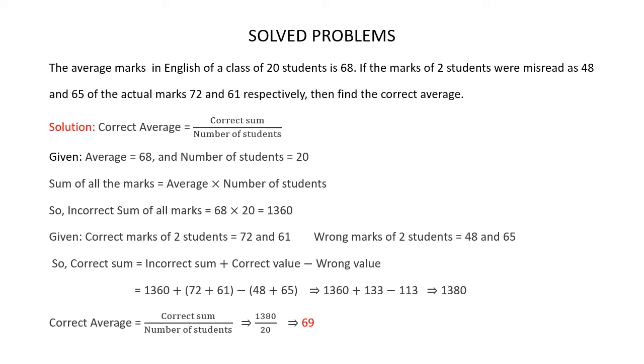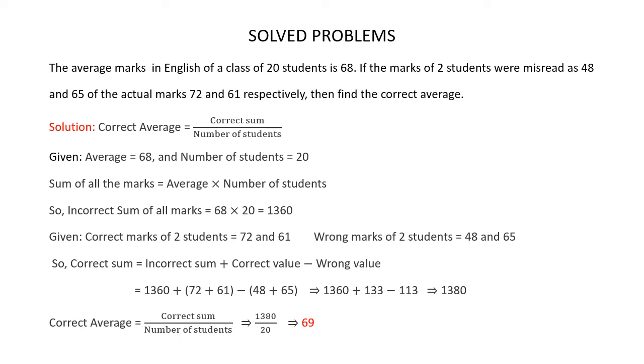Now it's given that the correct marks of two students are 72 and 61, but they were misread as 48 and 65. So the wrong marks of the two students are 48 and 65. Now we know that correct sum is equal to incorrect sum plus correct value minus wrong value.